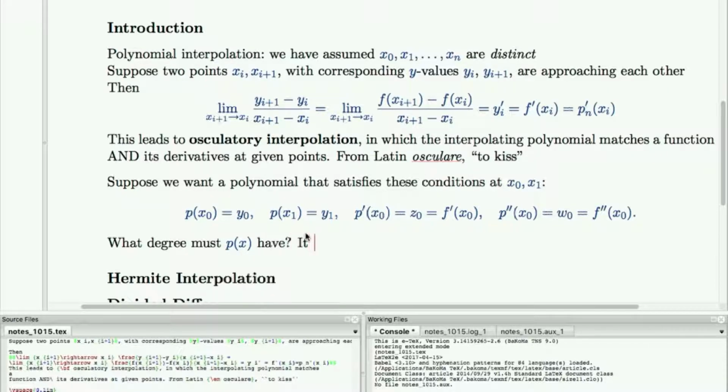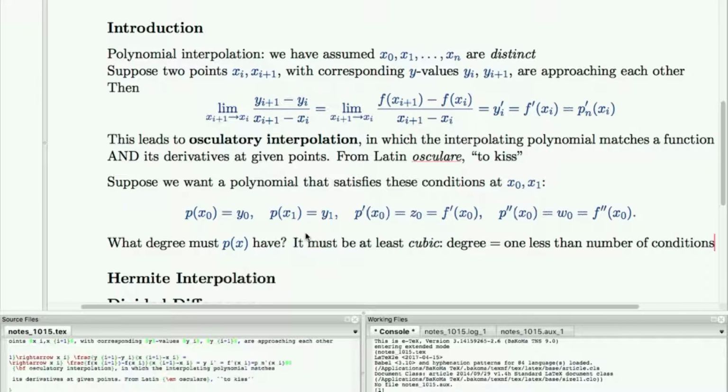So it must be cubic, so degree is still 1 less than number of conditions. That part has not changed from polynomial interpolation we've seen before. However many conditions you impose on your points, whether they relate to the y value or derivative values, doesn't matter. That's how many coefficients your polynomial has, and therefore your degree must be 1 less than that.